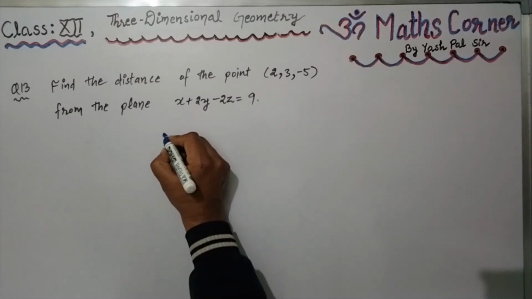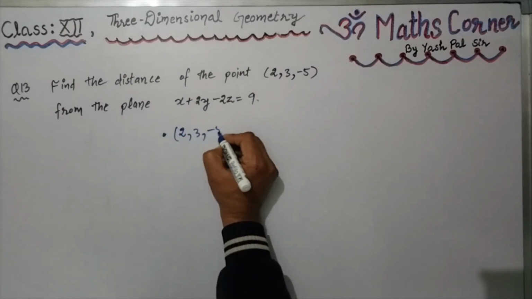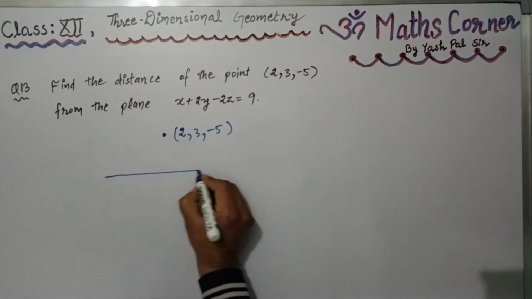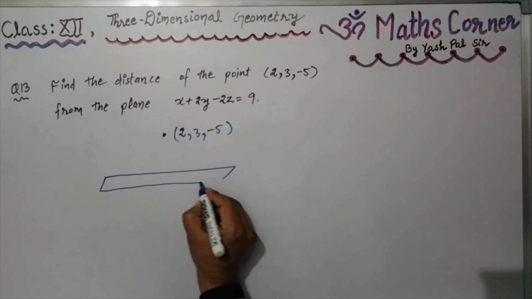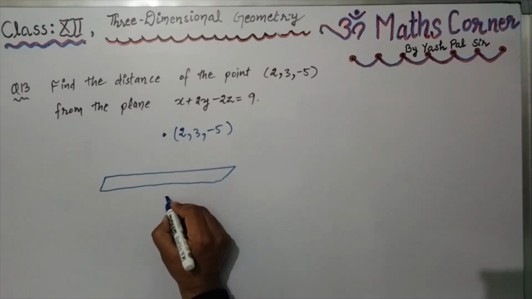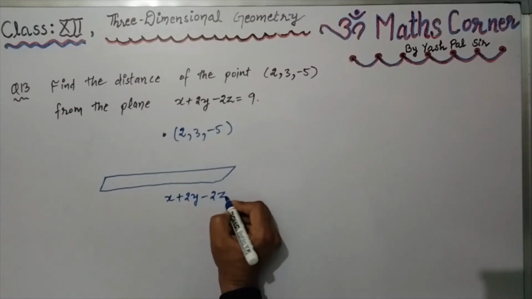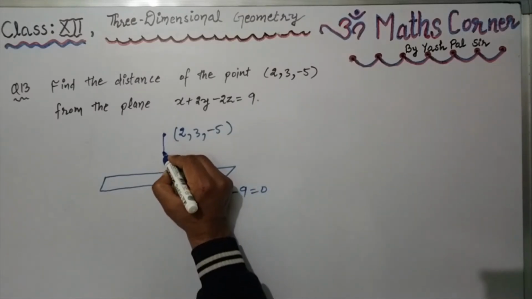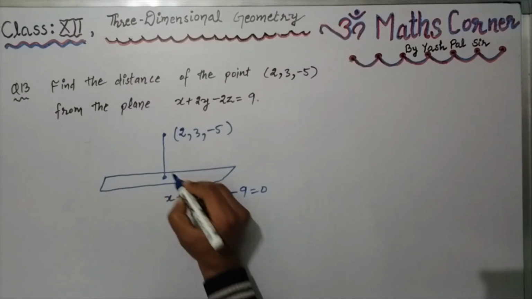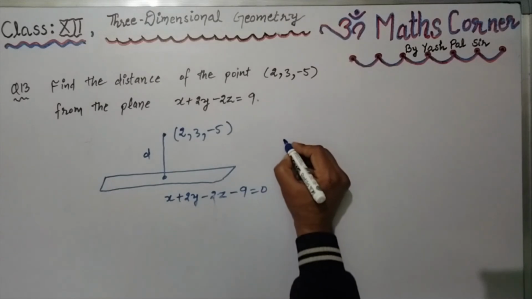So here what we do, the given point is 2, 3, minus 5 and the given plane is x plus 2y minus 2z minus 9 is equal to 0. So here this is the distance we want to find. Suppose this distance is d.